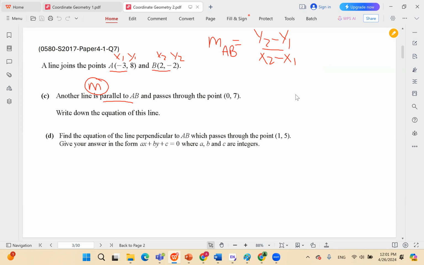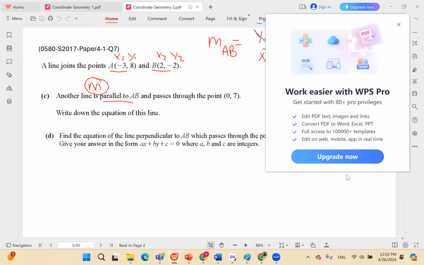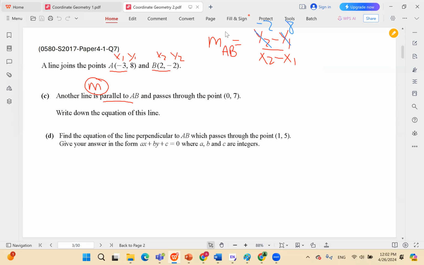For y2, we have -2, y1 is 8, and x2 is 2, and x1 is -3.